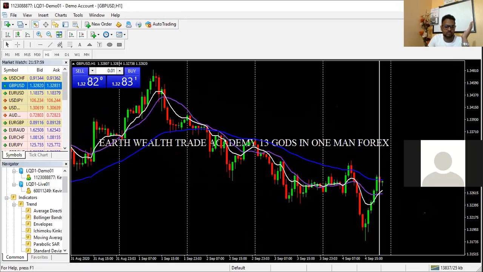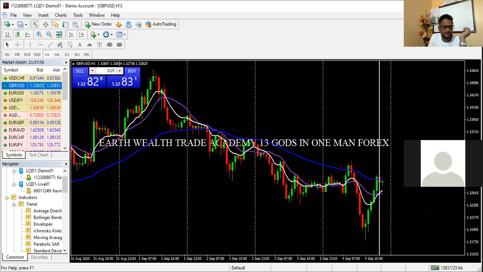So look at market structure, how the market sets up. And the market sets up in 3 different ways. You want to write this down. Market structure sets up in 3 different ways: either the market is contracting, expanding, or it's going into a trend. So let's identify some of these areas, shall we? And what we're looking for.